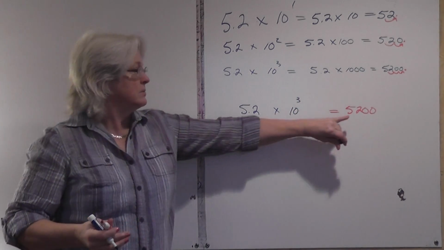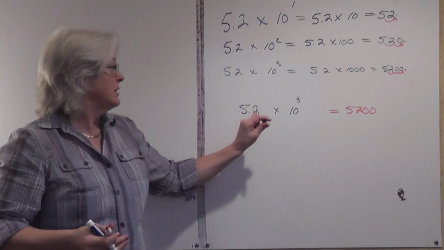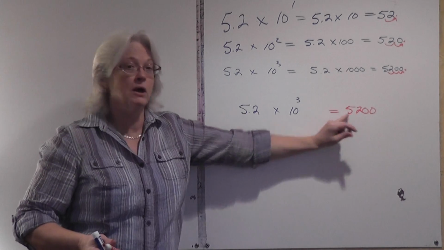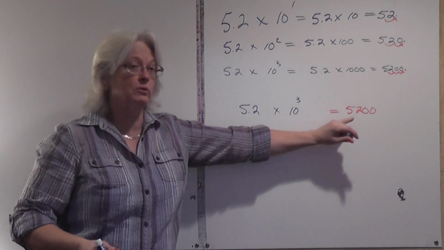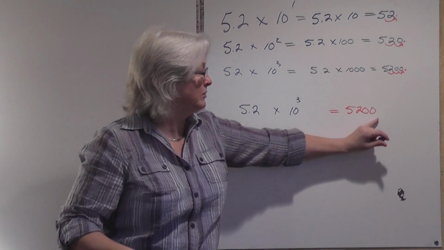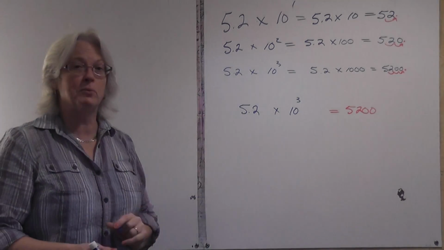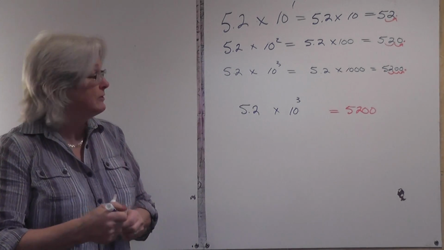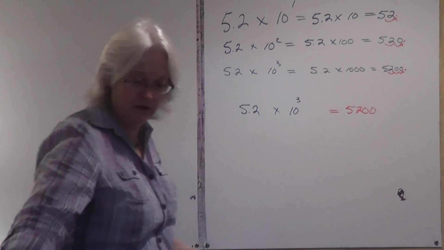Because we started with this number, we moved our decimal point so that it's between the 5 and the 2. To get back to our original number of 5,200, we have to move that decimal point 1, 2, 3. So 5.2 times 10 to the third is how we would represent 5,200 using scientific notation.